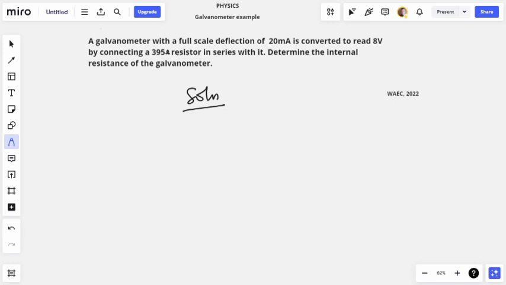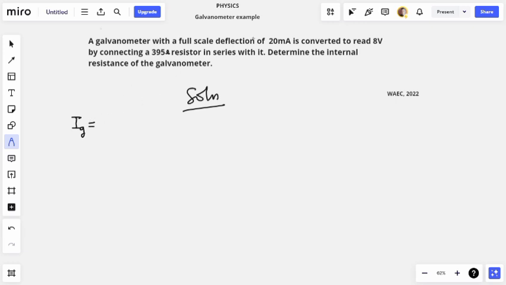Now, when approaching questions on physics, the first thing we do is to write out the parameters given in the question. The first parameter we get from here is a galvanometer with full scale deflection. So the full scale deflection current is 20 milliamps. And since it's a voltmeter that we are talking about, it will share the same galvanometer current.